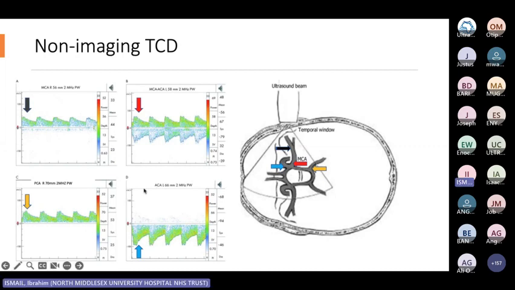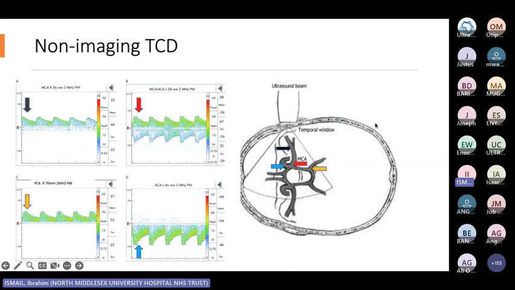I hope you appreciate the different waveforms and the depths at which they are obtained. Essentially, you would go through the vessel and interrogate it in 2 millimeter intervals, and from there you will understand which area of the intracranial vessel you're interrogating.